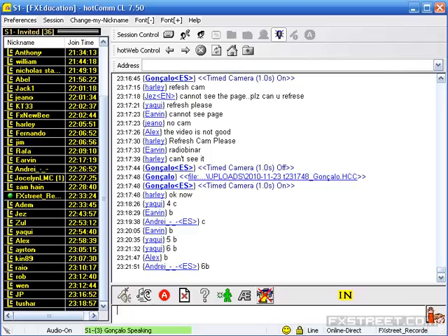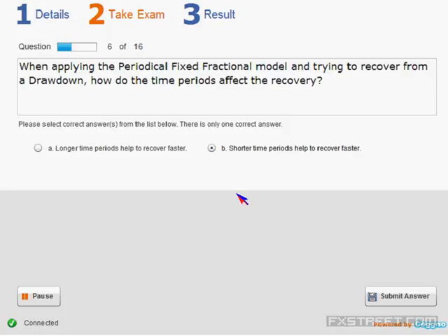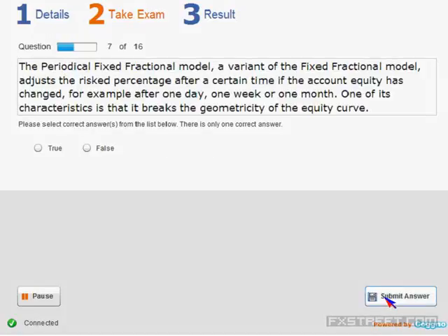So we have here the majority voting for B. Okay, right. So we have a drawdown and the shorter time periods to recalculate the position size helps to recover faster. Okay, let's submit the answer.